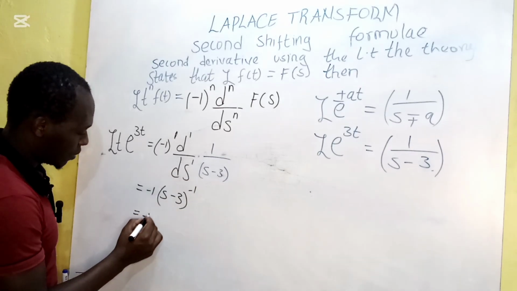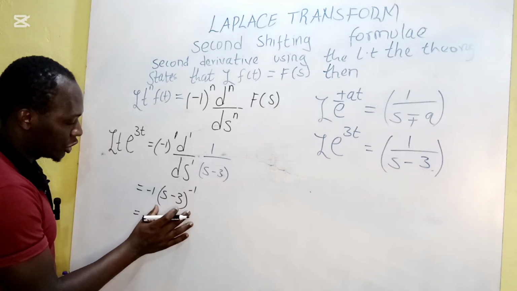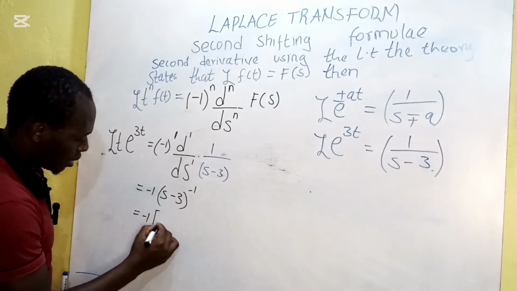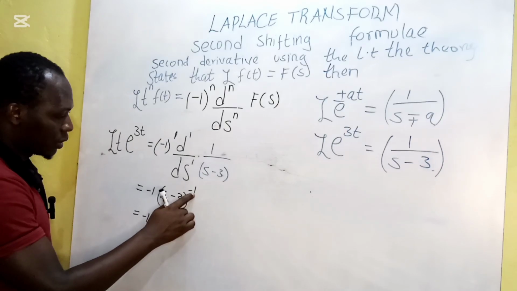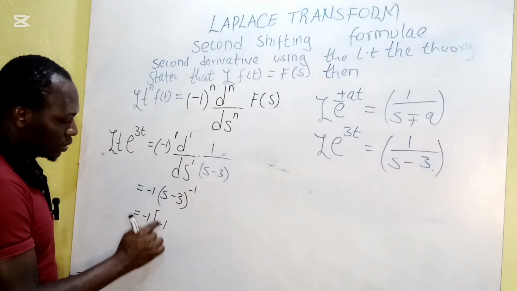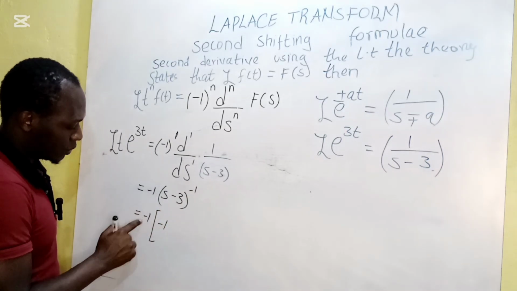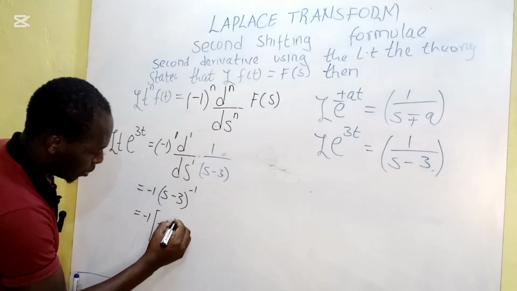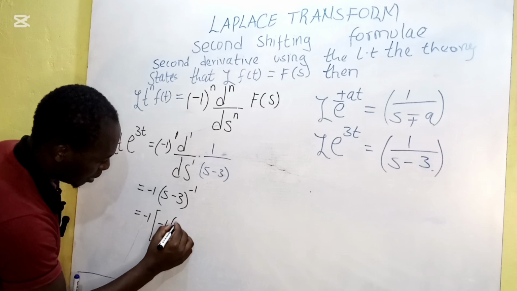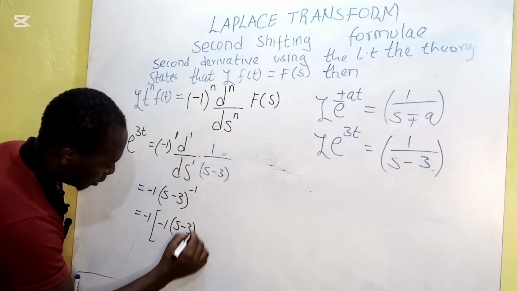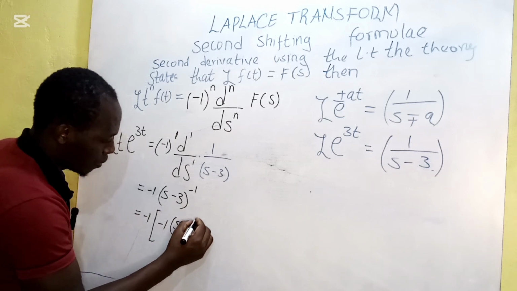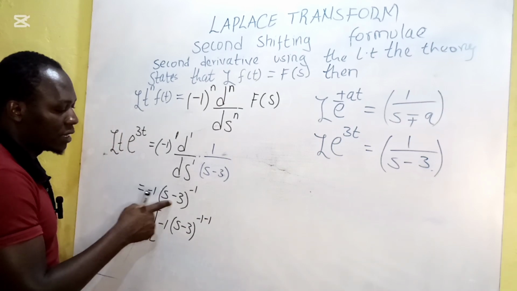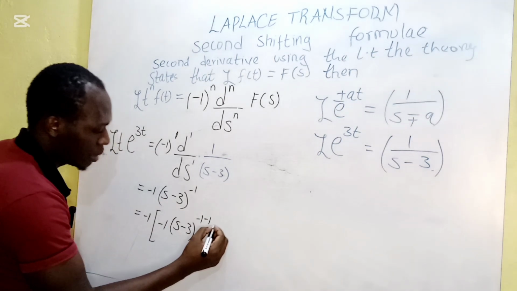When we differentiate, we have -1, we take this negative down, -1 is outside, we take this -1 down here. We rewrite everything within the bracket as s minus 3 to the power of -1, -1. Then we get the differential of what we have within the bracket.